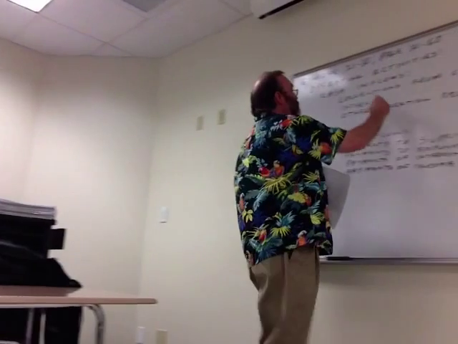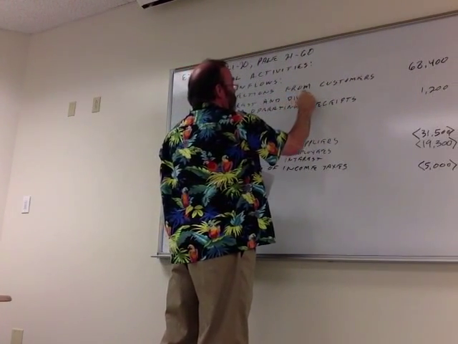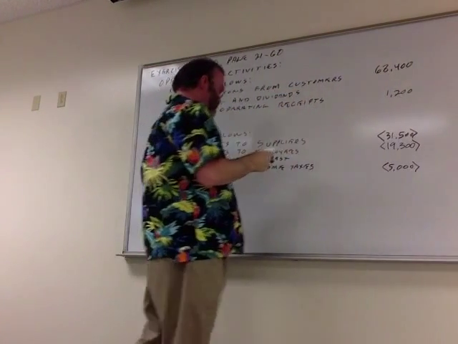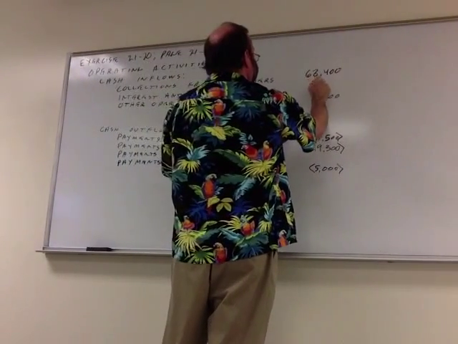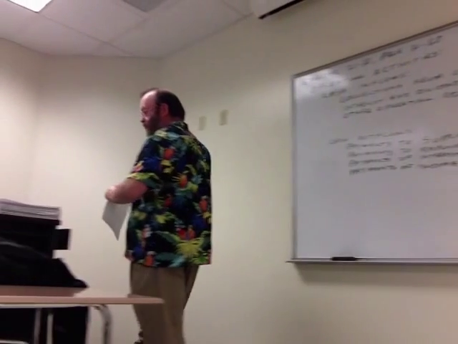Number H, interest and dividends collected. Interest and dividends. $7,100. Because payments of dividends affects accounts retained earnings.